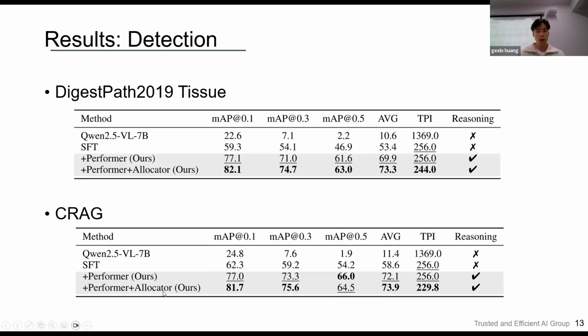And again, sometimes they found the model with task performance can achieve the best single metrics, but when they add the token allocator, they can drastically decrease the corresponding TPI score.